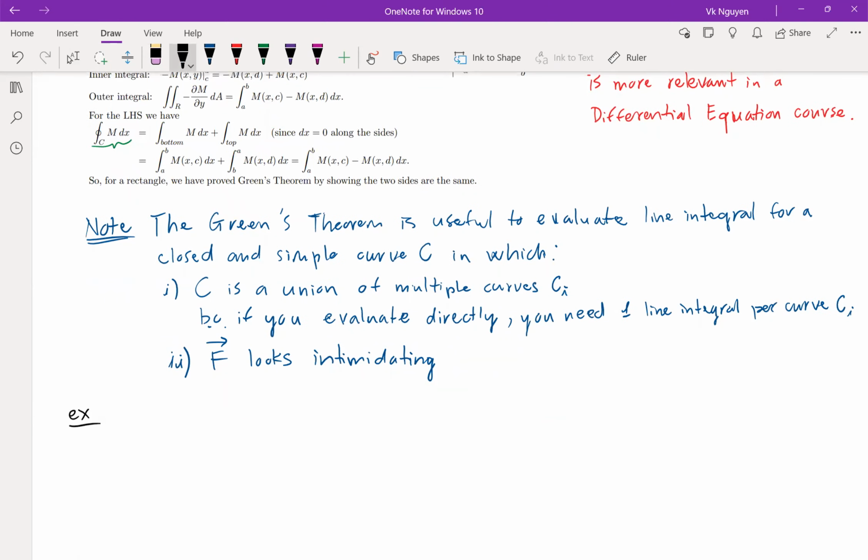Okay, so here come, compute work done by the force field.